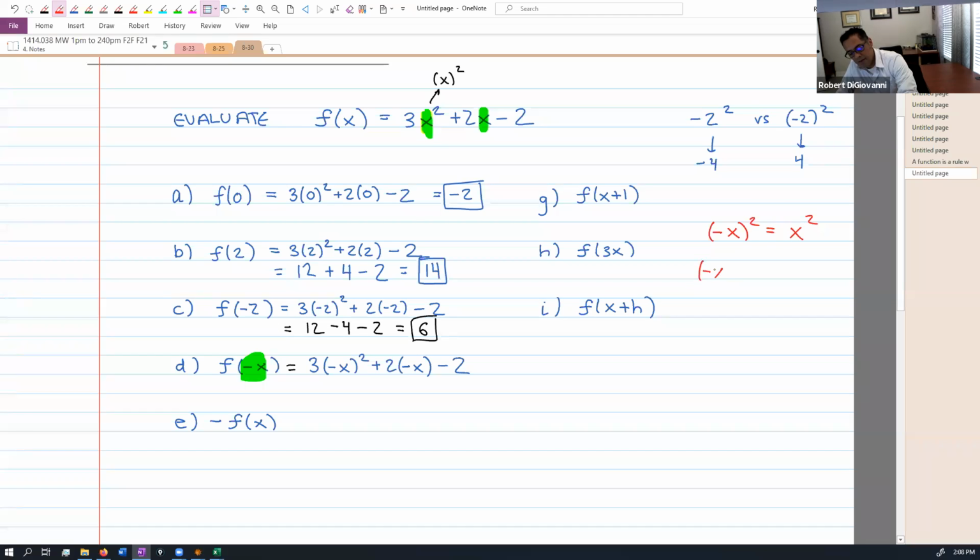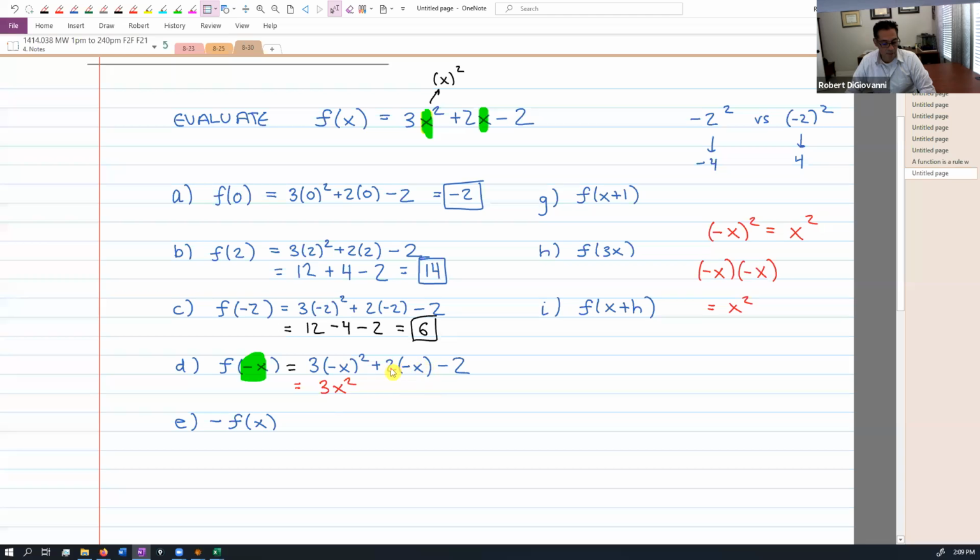Because this means -x times -x, and a negative times a negative would always give you a positive. So all you're ever going to really be doing is squaring the x values. The negative vanishes, I guess. So this next line should be 3x squared because you squared the -x.